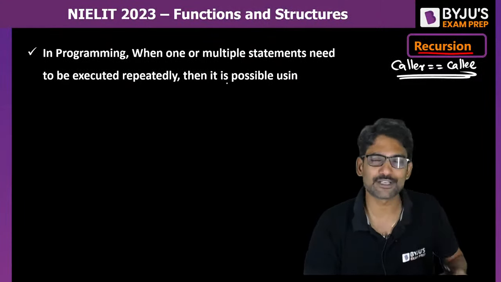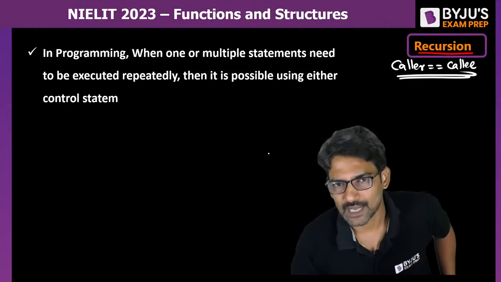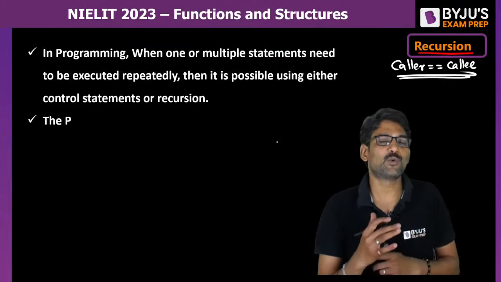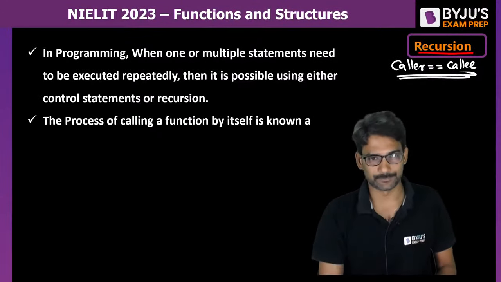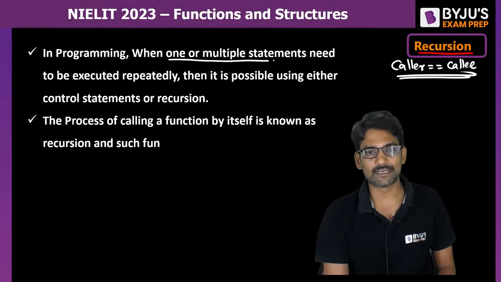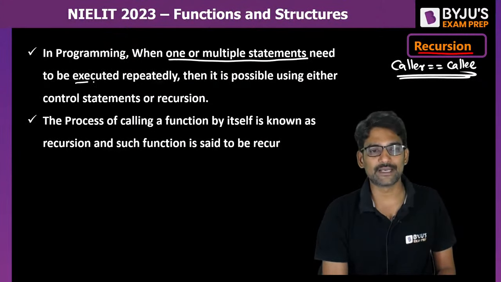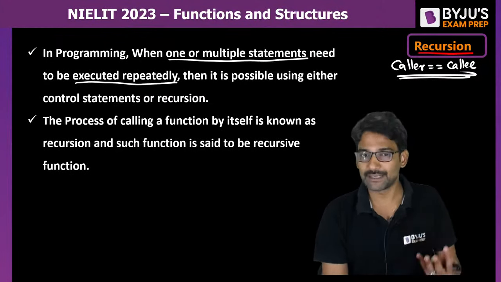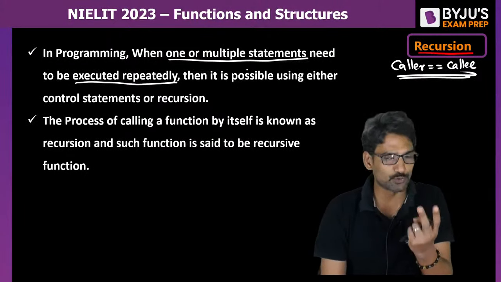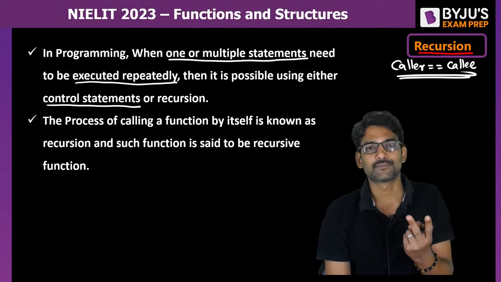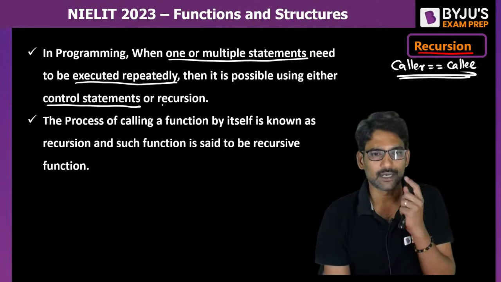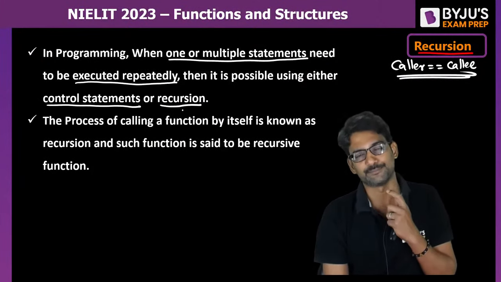Why is this recursion required? I already told you, if one or multiple statements need to be executed multiple times repeatedly, then there are two ways in programming. One, using iteration or control statements, other using recursion.